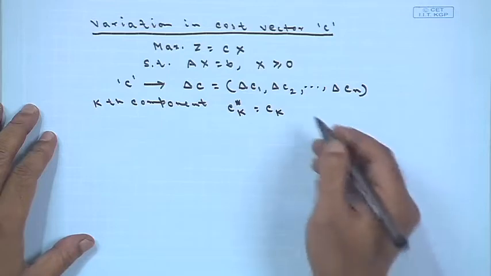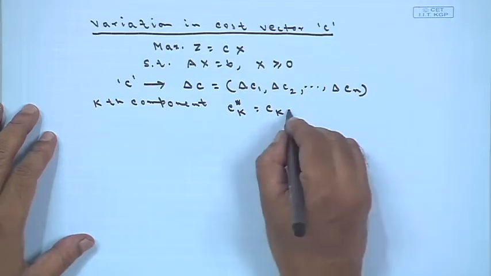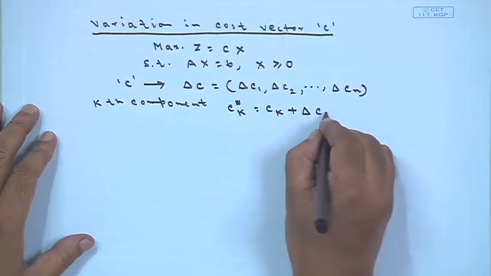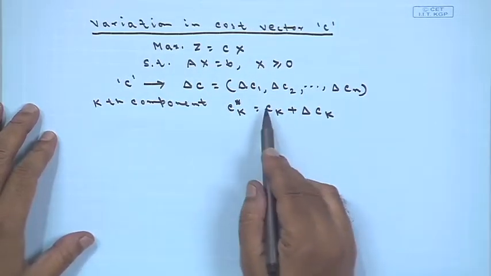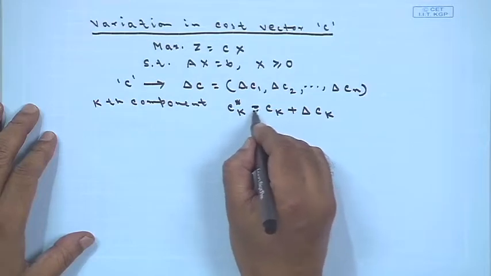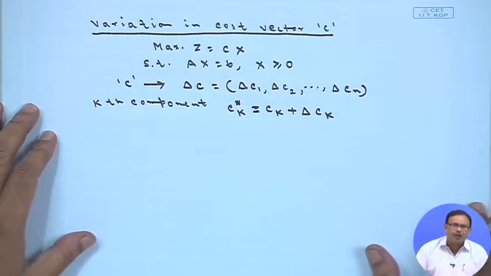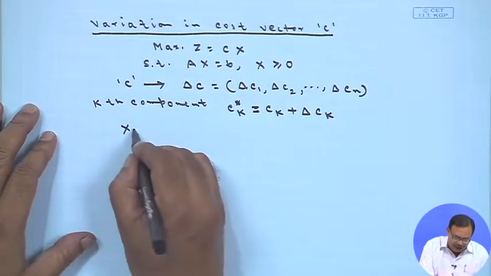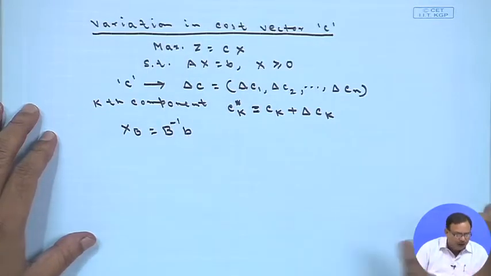The old value was Ck, and the new value is Ck star equals Ck plus delta Ck. Now, what is the basic solution? The basic solution of your problem is xB equals B inverse b, which is fixed.